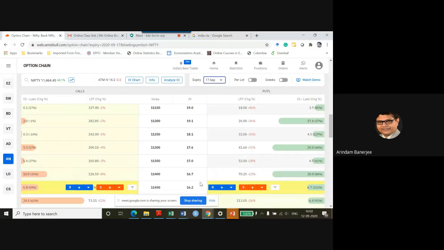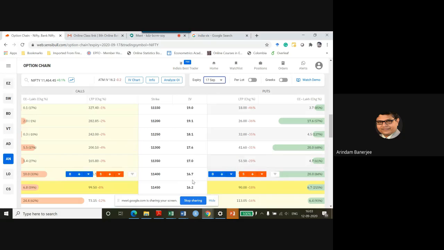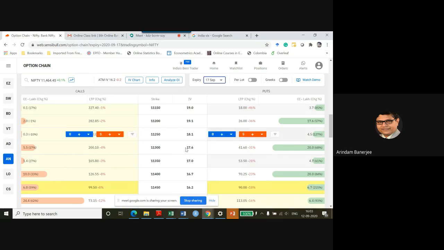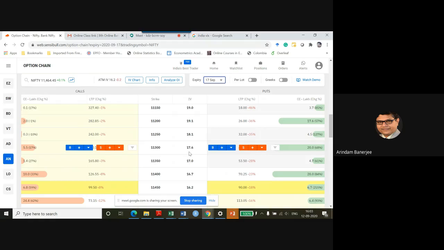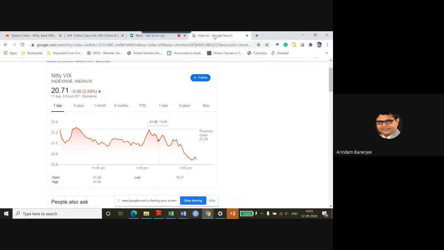So one way is to create a chart of this changing implied volatility while the market is running. The other thing is, if I want to get a view of what the future volatility would be, right? I can look at the VIX also.